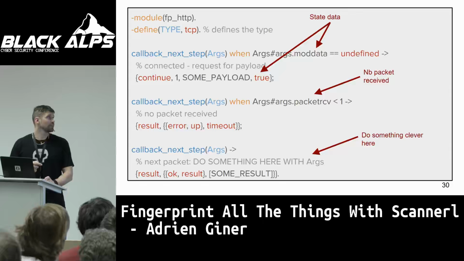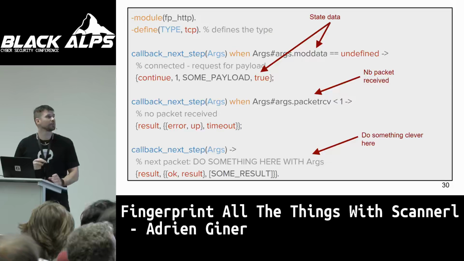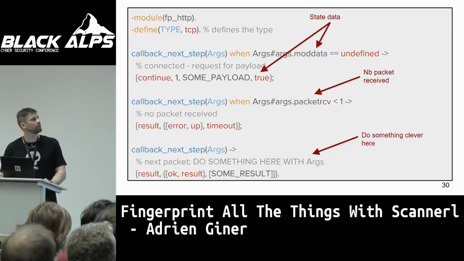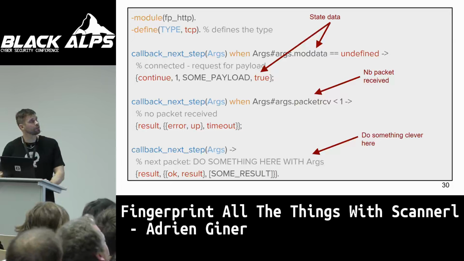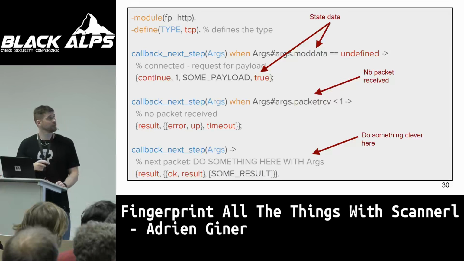Also, as it's functional programming, the same function will be entered depending on the argument. So this is the same different steps we've seen in the graph before. So the first function here, we enter when we start. So when the connection has just been established with the remote host. And here, you'll provide some payload in return.